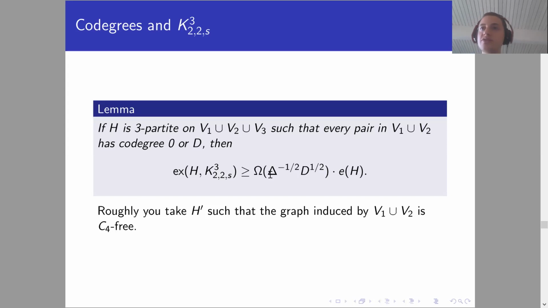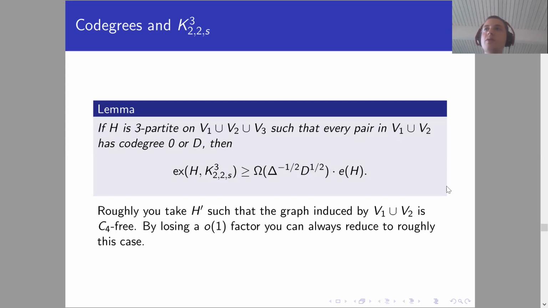And if you do the numerics, you'll end up getting this bound here. And roughly speaking, if you lose a little o(1) term in your bound, you can always take any H which has large codegrees and reduce it to roughly this case.